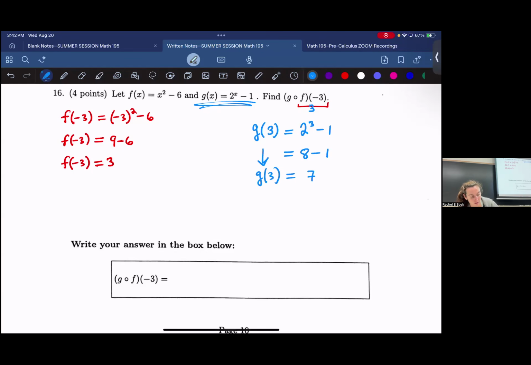So our answer of g of f of -3 is just 7. There'll always be at least one composition of functions question on the exam.